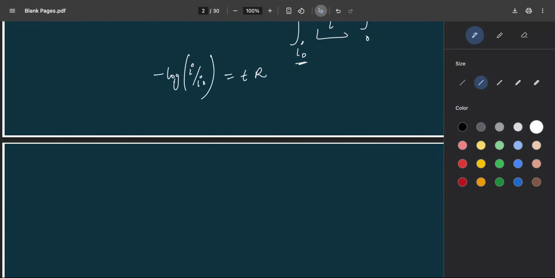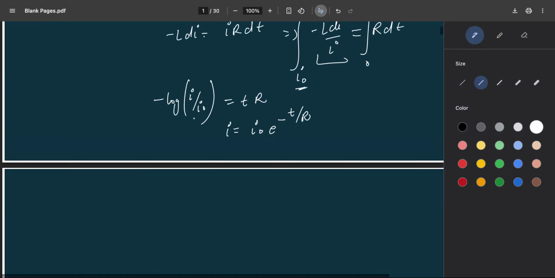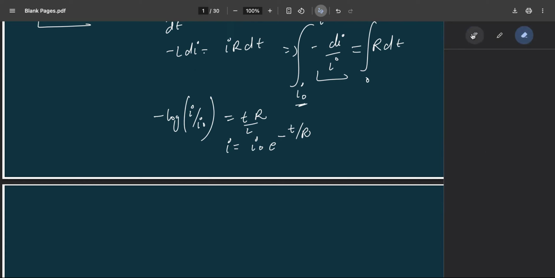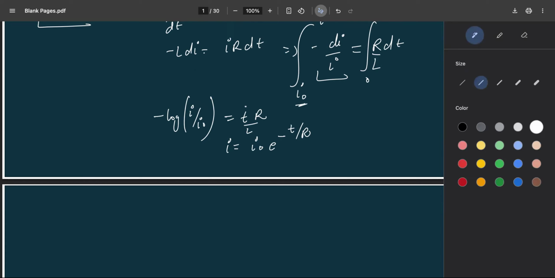Clear? You can put this negative to the other side and the answer will become I equals I naught e to the power minus t by, actually it should be L at the bottom, because there is an L, it will go to the other side. So it becomes R t by L. So what is the final thing?